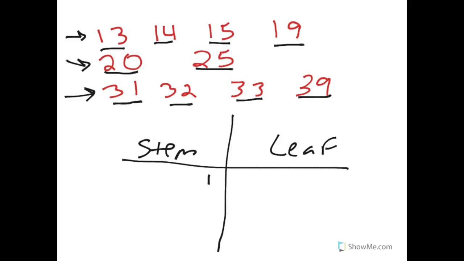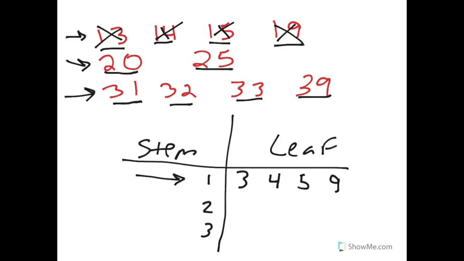So I'm going to put my 1, 2, and 3 in the 10s place. And then for my data, since this is 13, I can put a 3 here. This is 14, I can put a 4 here, 15, and 19. So I know, just looking at this row, we did 13, 14, 15, and 19 push-ups.